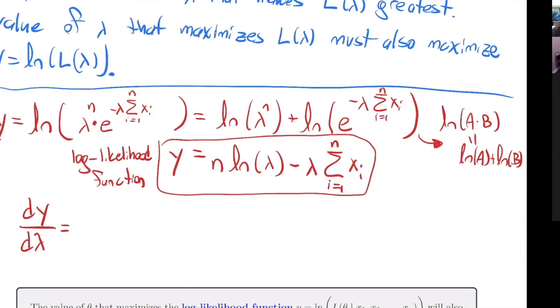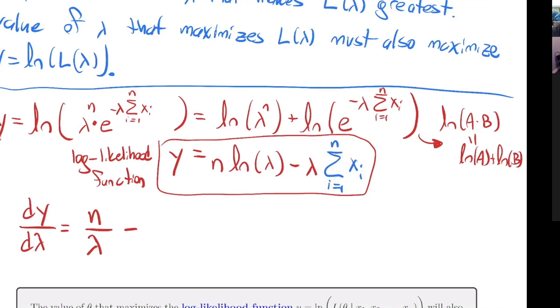When I take the derivative of this first piece, we're going to get n times the derivative of the natural log, which is 1 over lambda. And when I take the derivative of this piece over here, that stuff that I colored in blue is a constant as far as lambda is concerned.